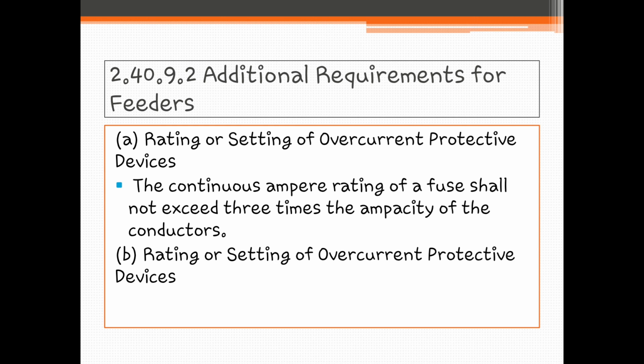And the long time trip element setting of a breaker or the minimum trip setting of an electronically actuated fuse shall not exceed 6 times the ampacity of the conductor.